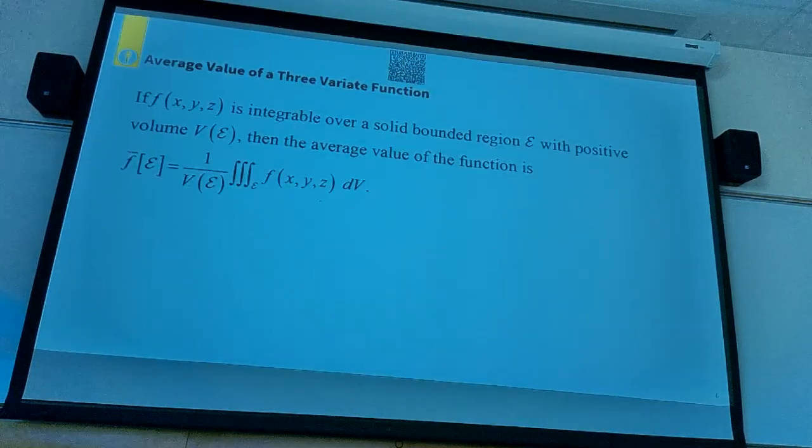And average value of a 3-variate function over a solid: 1 over the volume of the solid times the integral over the solid of your function dV.